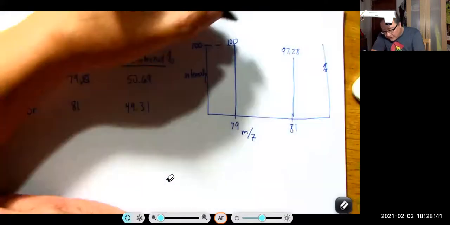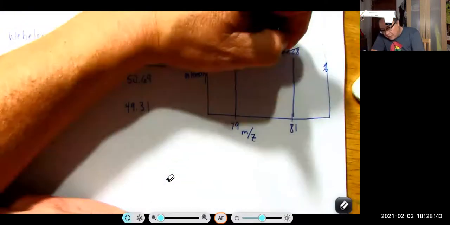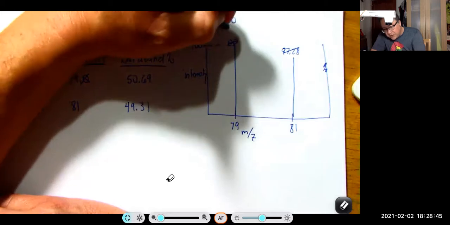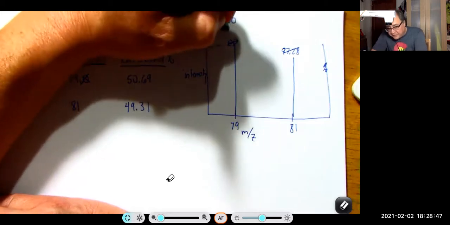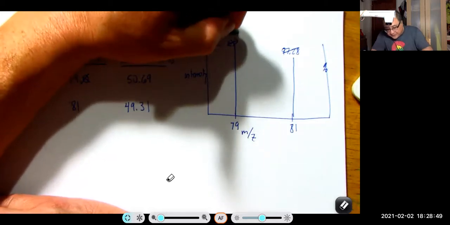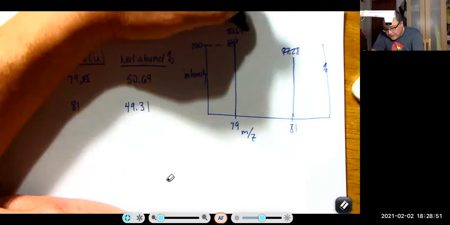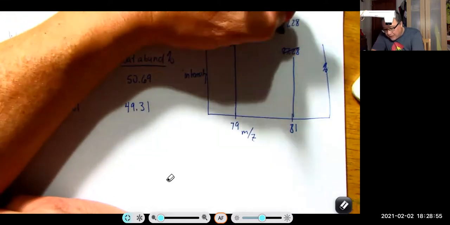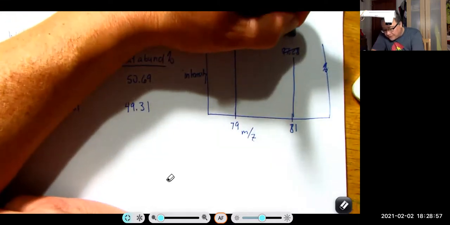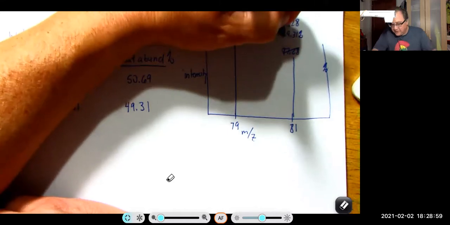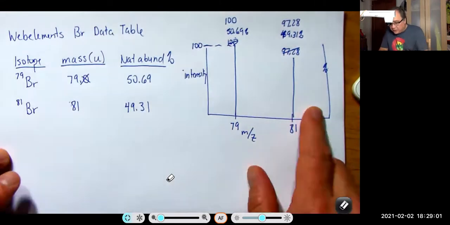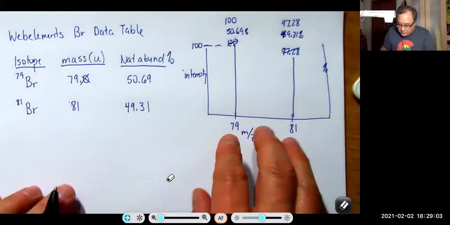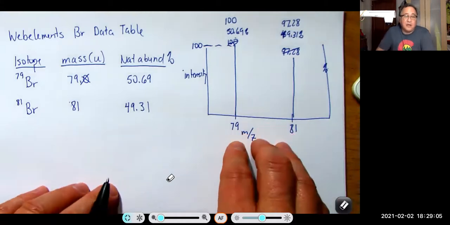And I'm going to cross this out and write 100. Then below this, I'm going to write 50.69 because that's the percentage here. And I'm going to write 97.28 and then 49.31%. And this is what our Web Elements site shows for the plot.